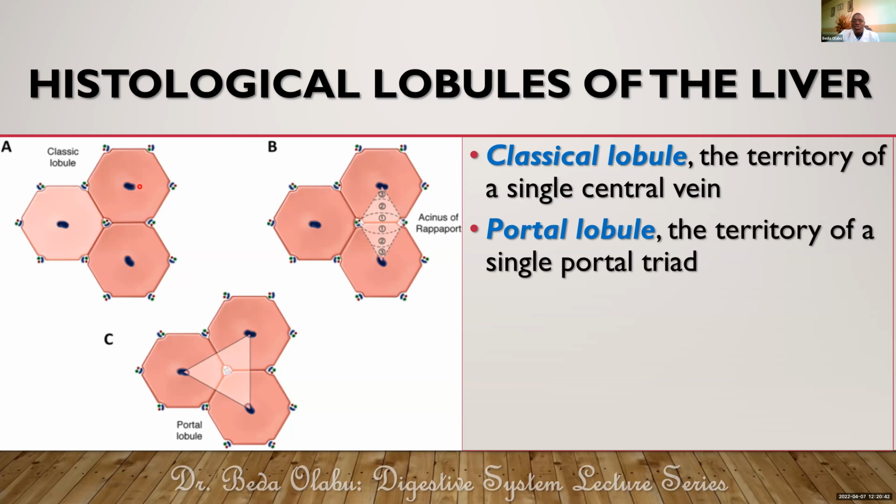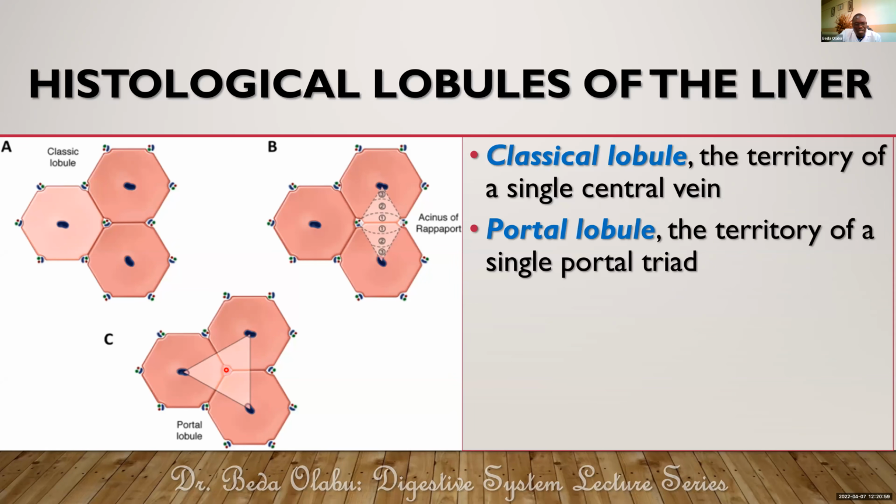Another one is what we call the portal lobule. The portal lobule is a rectangular lobule which marks the territory supplied by a single portal triad.